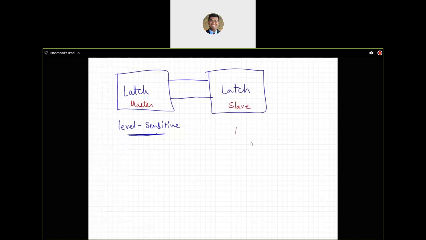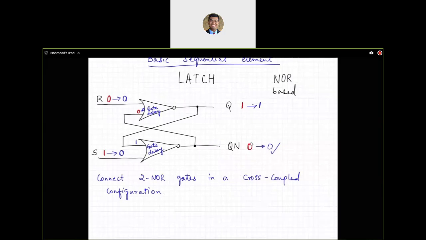So for example, let's call them latch 1 and latch 2, and the latches are very similar to this. There are a few more gates which we are not going to get into, but the basic blocks are gates that are connected in a cross-coupled configuration.